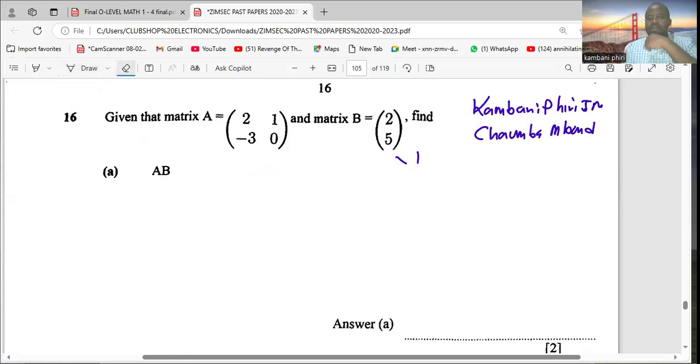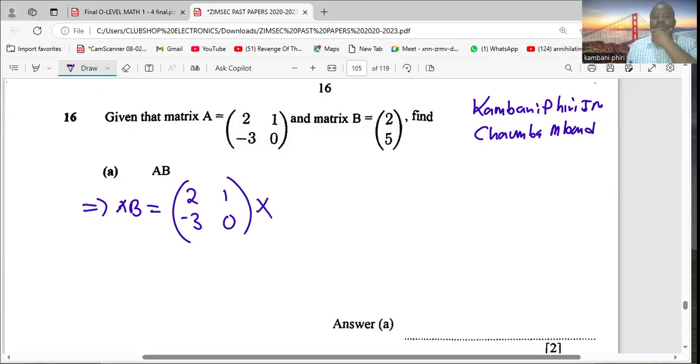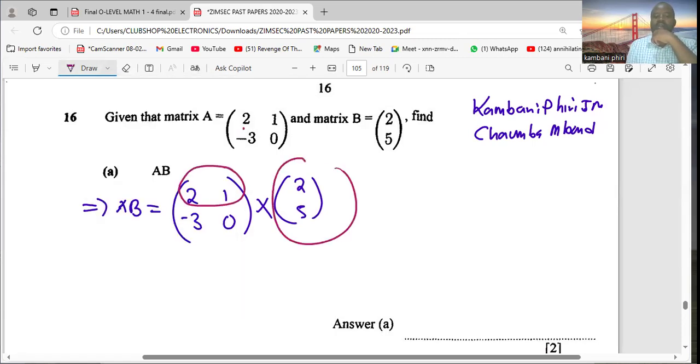So now, AB will be equal to 2, negative 3, 1, 0, multiplied by 2, 5. So you multiply each row by the column.